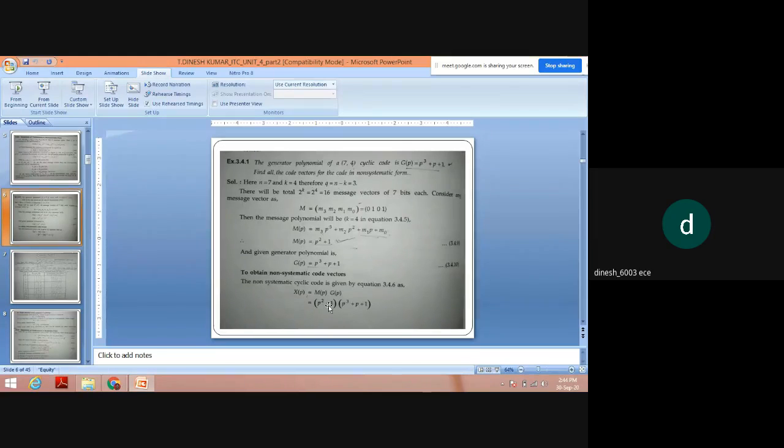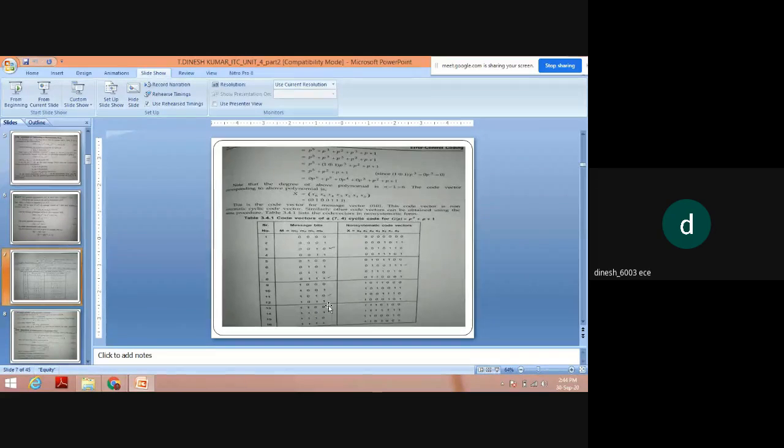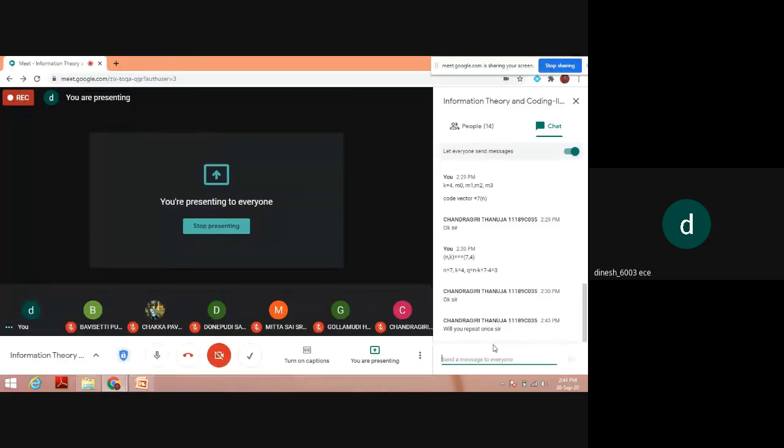Take the screenshot of this, then of this: two slides, slide number 6 and slide number 7. In a paper, you solve and see whether, for the corresponding message bits, the corresponding non-systematic code is generated or not.